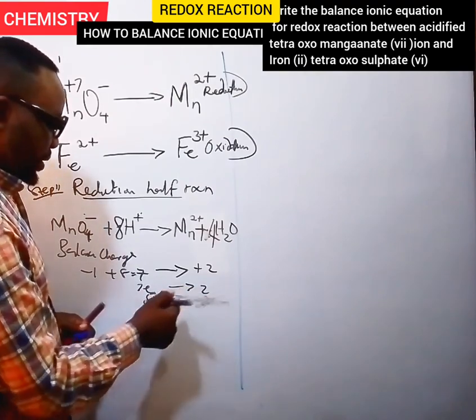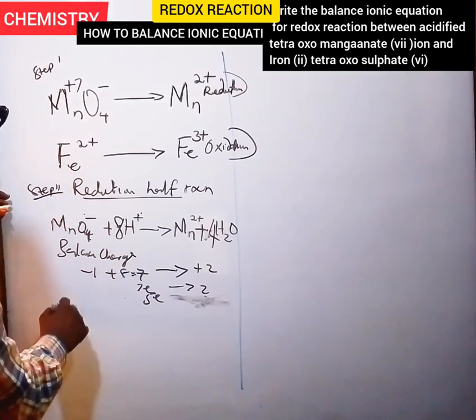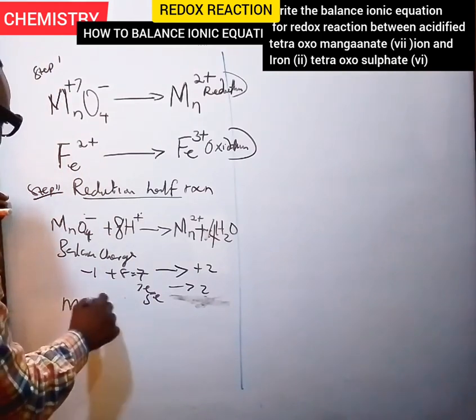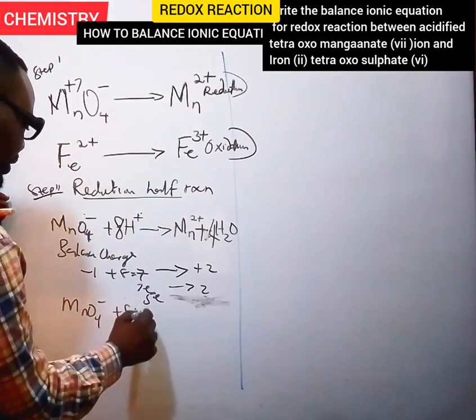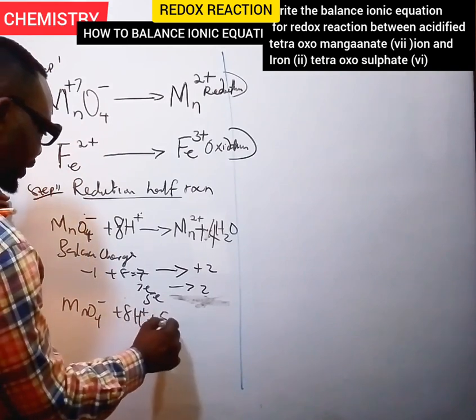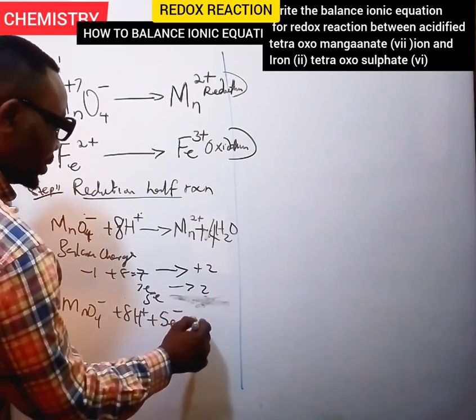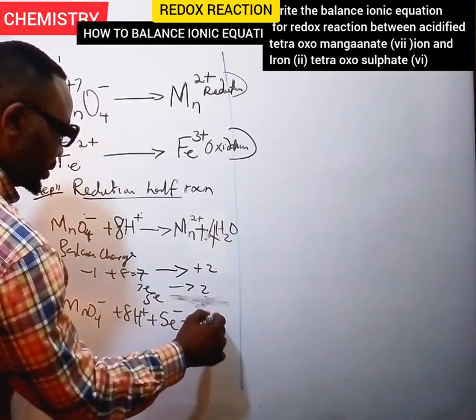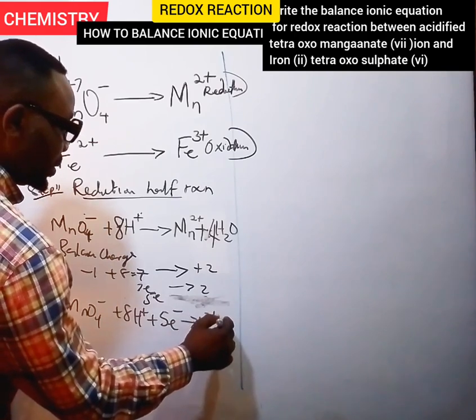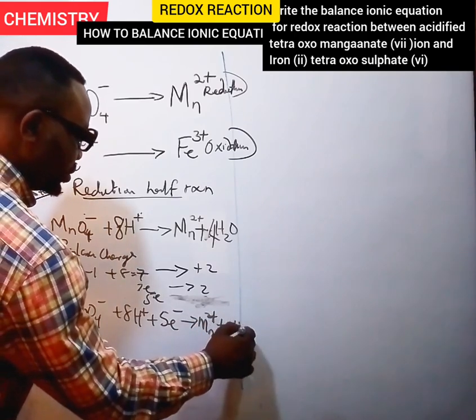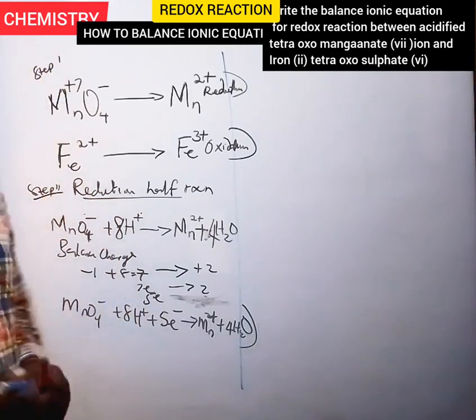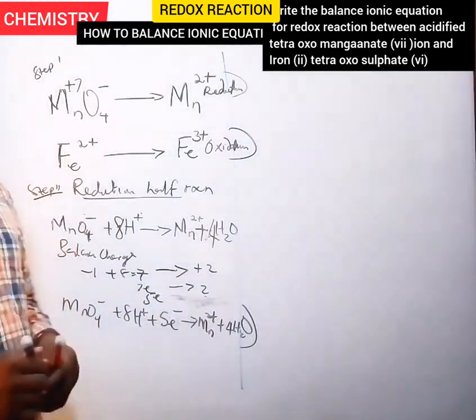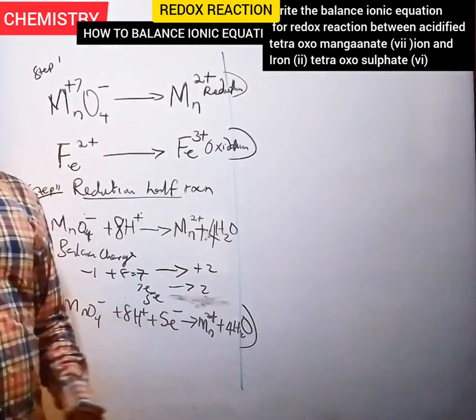5 electrons here. So we now have MnO4 minus plus 8 hydrogen ion plus 5 electrons, which leads to Mn2 plus plus 4H2O.